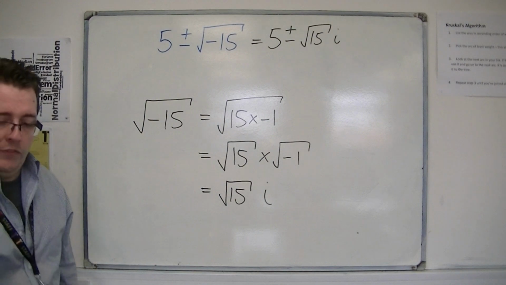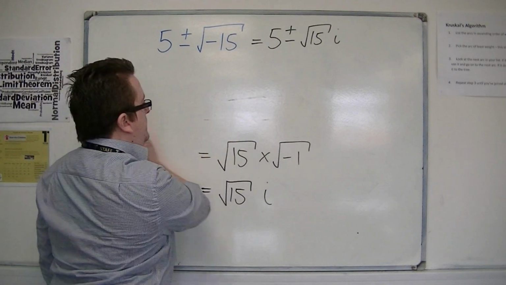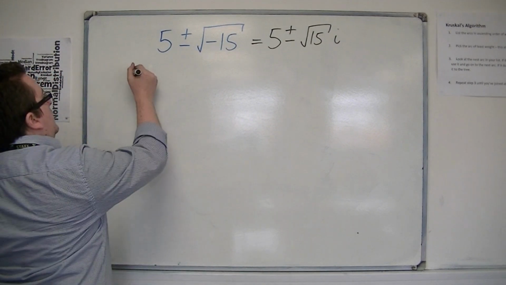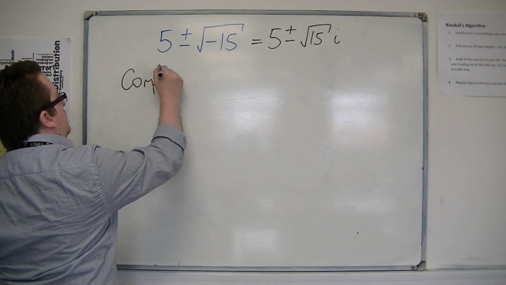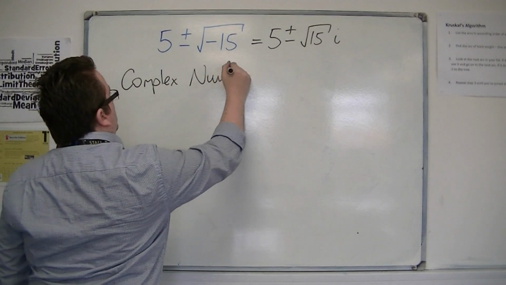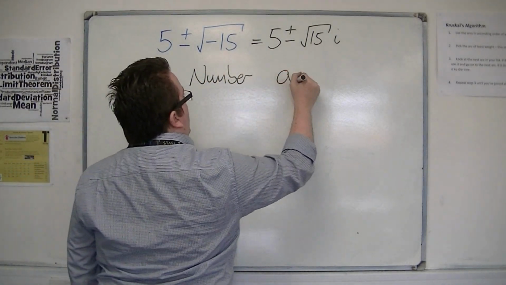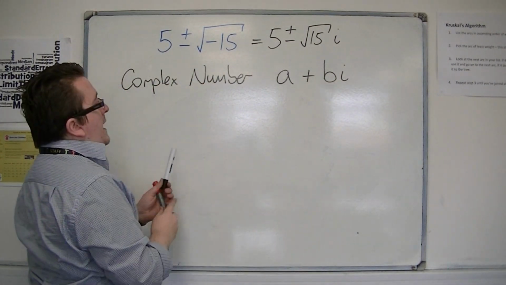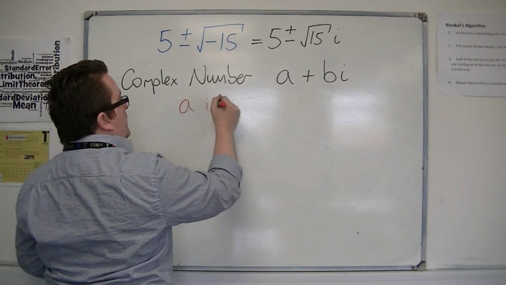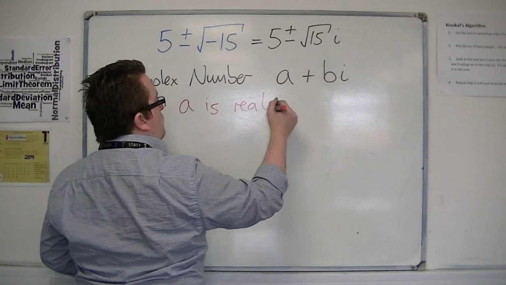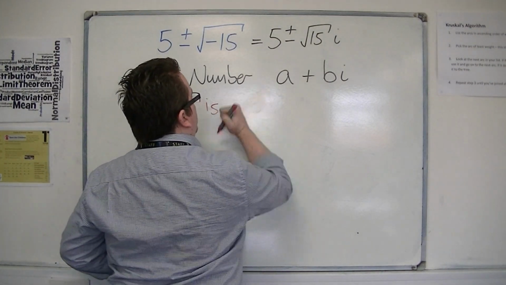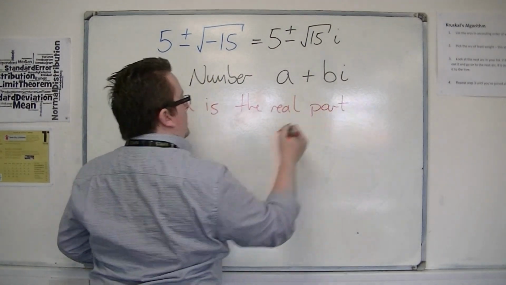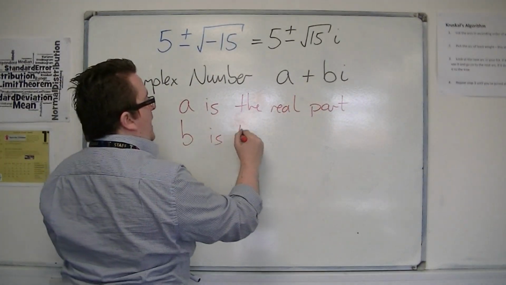Okay? So a complex number is of the form a plus bi, where a is the real part, and b is the imaginary part.